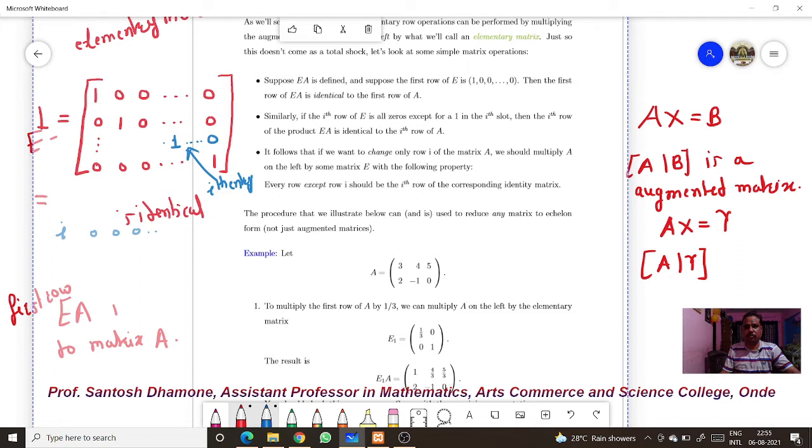Here we want this element to be 1, so we divide it by 3, and we get 1 here.